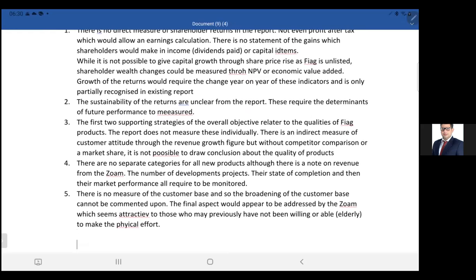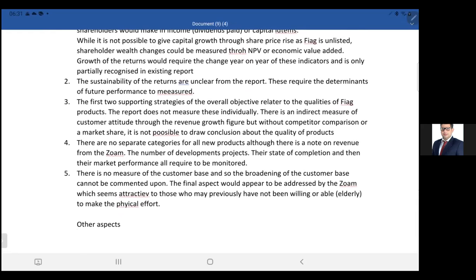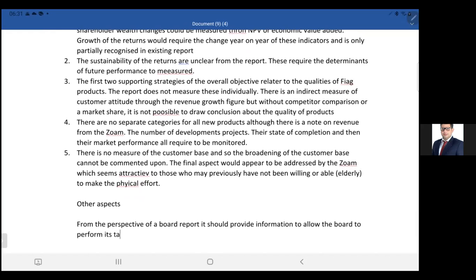Now, other aspects. Finally, from the perspective of a board report, it should provide information to allow the board to perform its task of planning for the future of PIAG and controlling its existing activities.